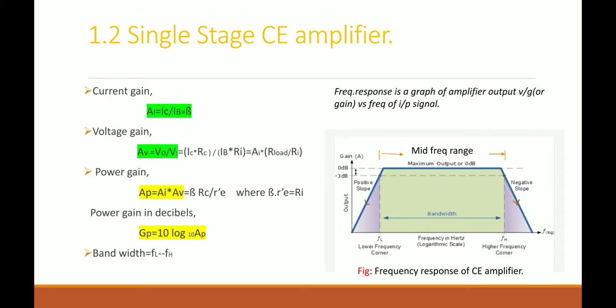In between FL and FH we see the mid frequency range, where the gain is constant, a more or less flat response is obtained. So the bandwidth is the difference between these two frequencies, the upper cutoff frequency and the lower cutoff frequency.